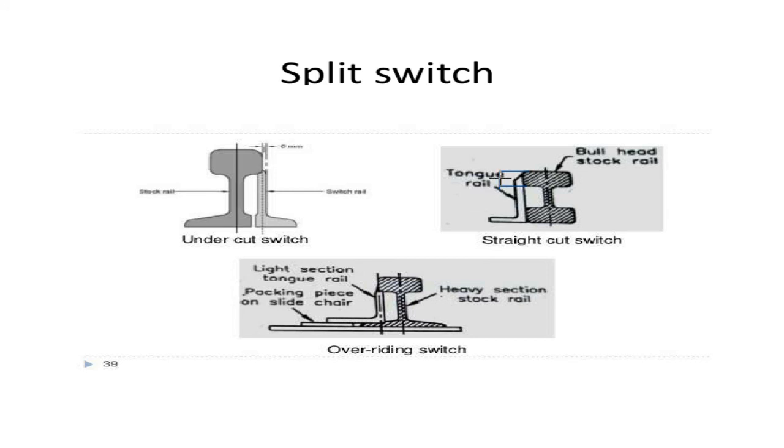That means the tongue rail will come to this position. Okay, then that means there will be a gap formed over here. Then this can be aligned by some means of packing. Some things can be kept in between so that they come in contact. Okay, so this can be used for both bull-headed as well as double-headed.